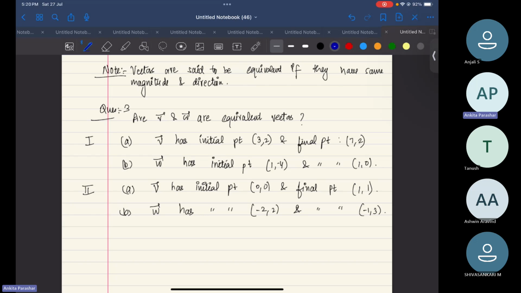Remember, the definition of equivalent is magnitude as well as direction. Both have to be the same. Any answers?